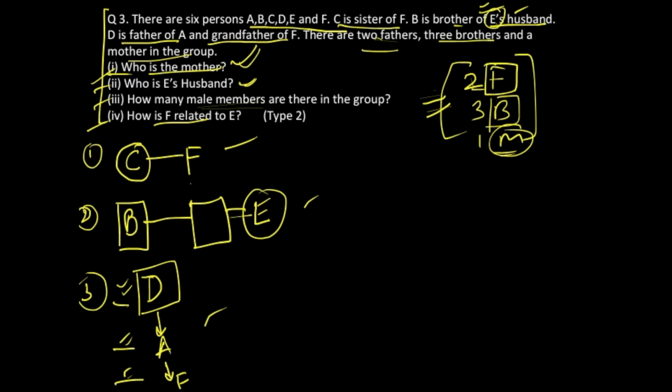Since there are obviously 3 generations involved in this question, and F is a sibling of C, and F is already in the third generation over here, in the third layer F is going to be there, and F is brother or sister of C, and the generation above it is that of A.